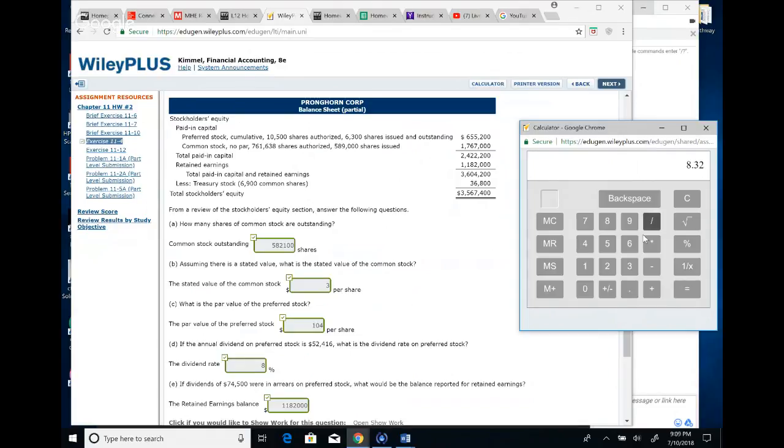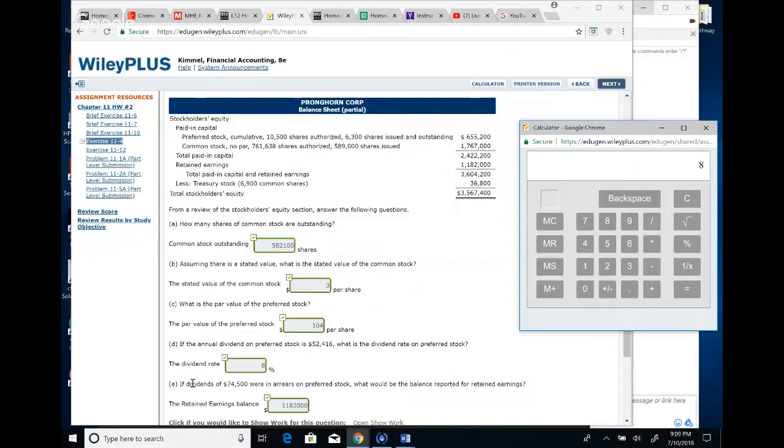You divide that by the price of 104, and that leaves you 0.08. You multiply that by 100, and it tells you that the dividend rate is 8%.